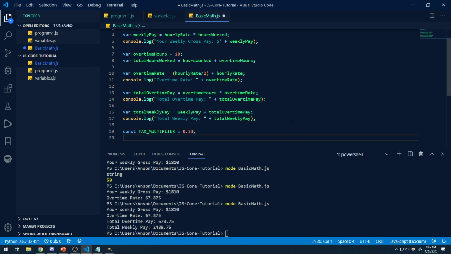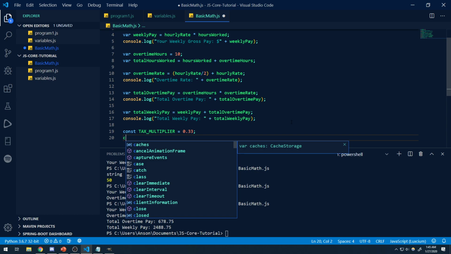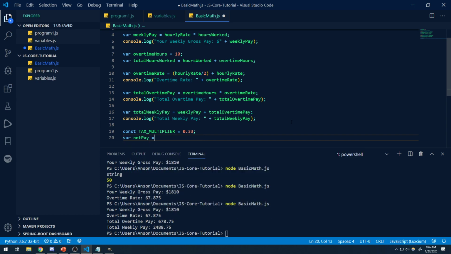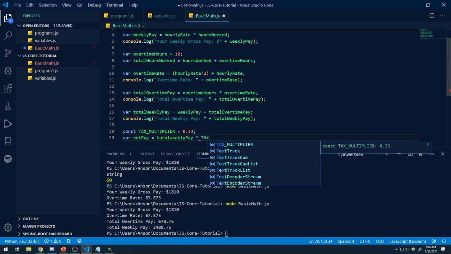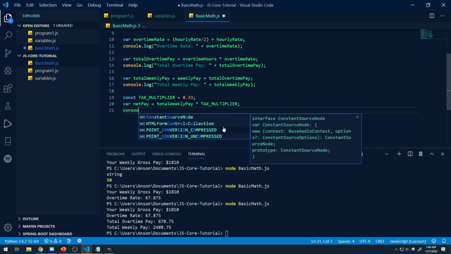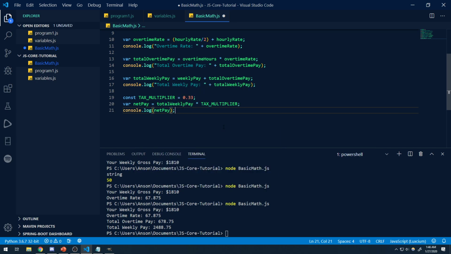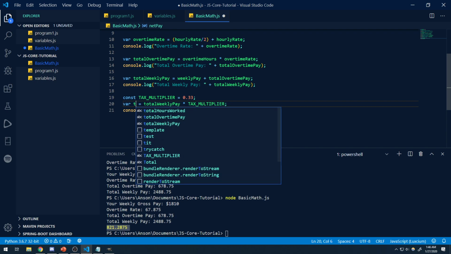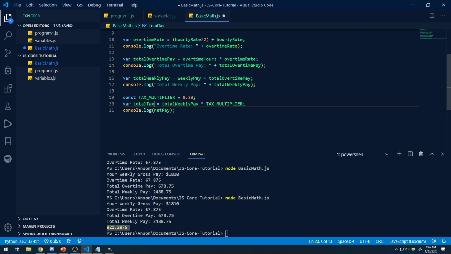And then let's say var net pay equals total weekly pay times tax multiplier. Now that is actually not going to get us the correct value, because all we're getting there is the total amount of tax. So actually I should change this to total tax.